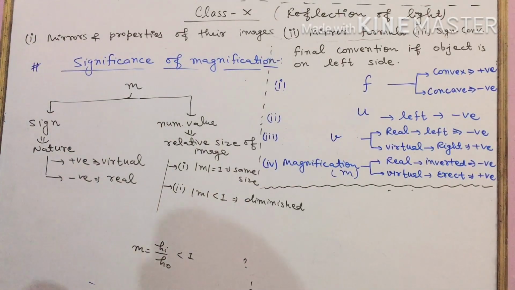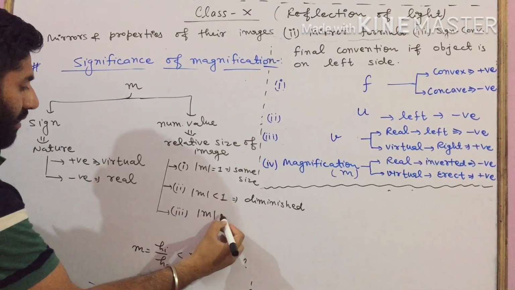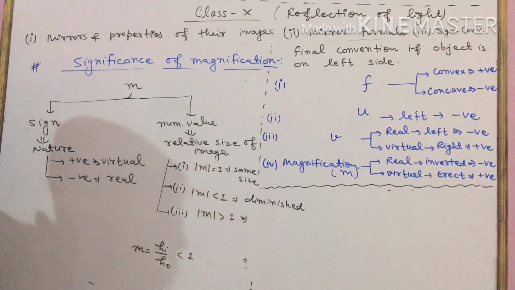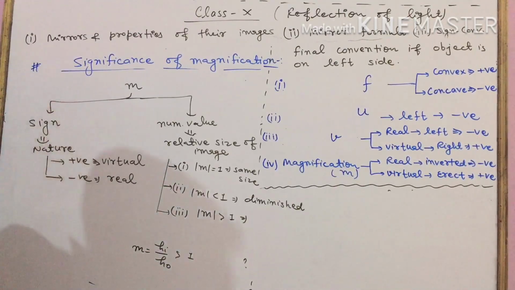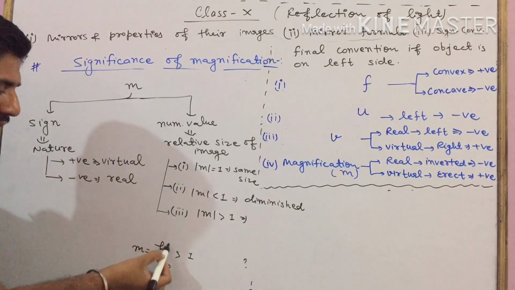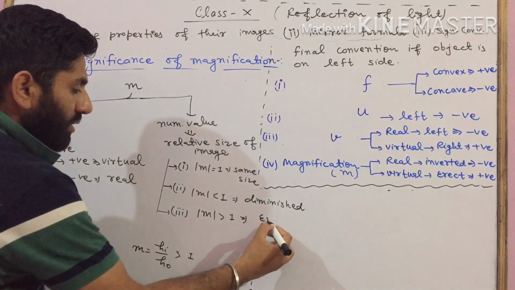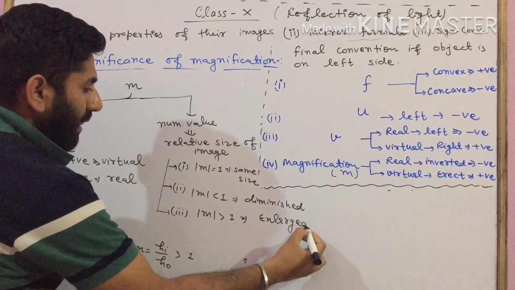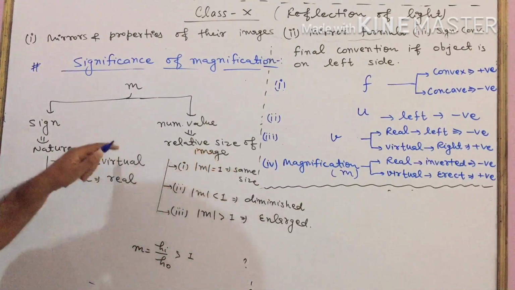Now the next case might be that the magnification is greater than 1. It is possible if the numerator is greater than the denominator. So if magnification is greater than 1, it indicates that the height of image is greater than the height of object. It means the image formed is enlarged in size. So that is the significance of size and sign.